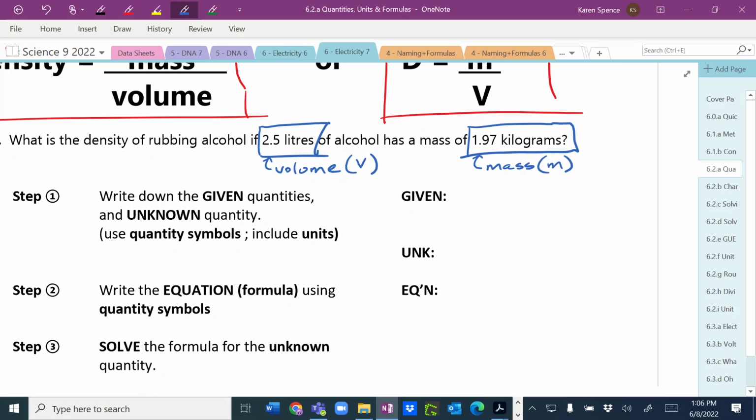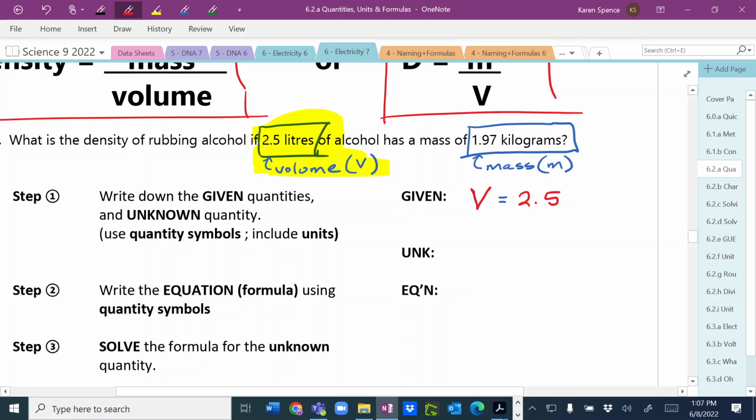But you will be marked on whether you write it down here. So I'm going to have something on one side of the equal sign and something on the other side. What will I put on the left of the equal sign for my 2.5 liters volume? I'm going to put V equals, and what's going to go on the right-hand side? 2.5.